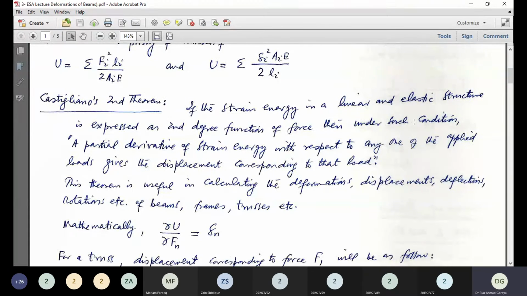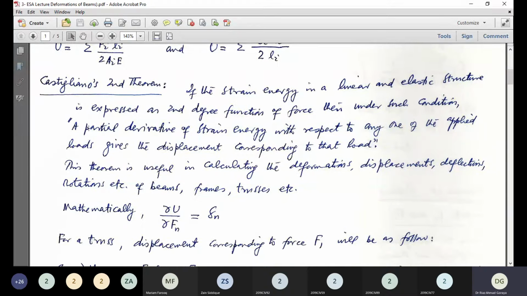then under such condition, now within these inverted commas, this is to be given more attention. A partial derivative of strain energy with respect to any of the applied load gives the displacement corresponding to that load.